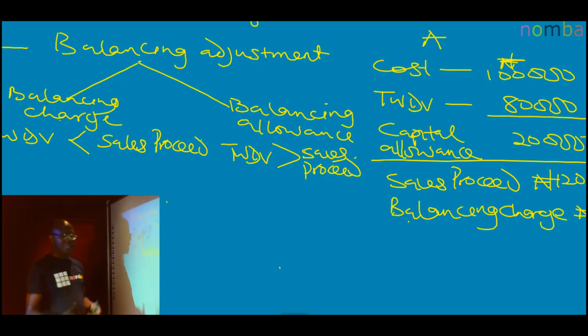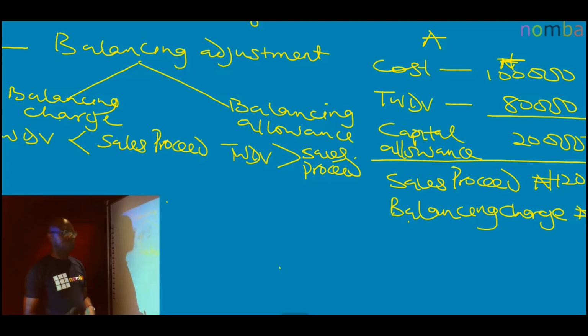So what happened is another type of allowance. You add it up to your initial allowance, annual allowance, investment allowance. If you have rural investment, you add it, then your balancing allowance comes in. They are all added up to be deducted from the assessable profit, unlike balancing charge that is to be added to assessable profit.